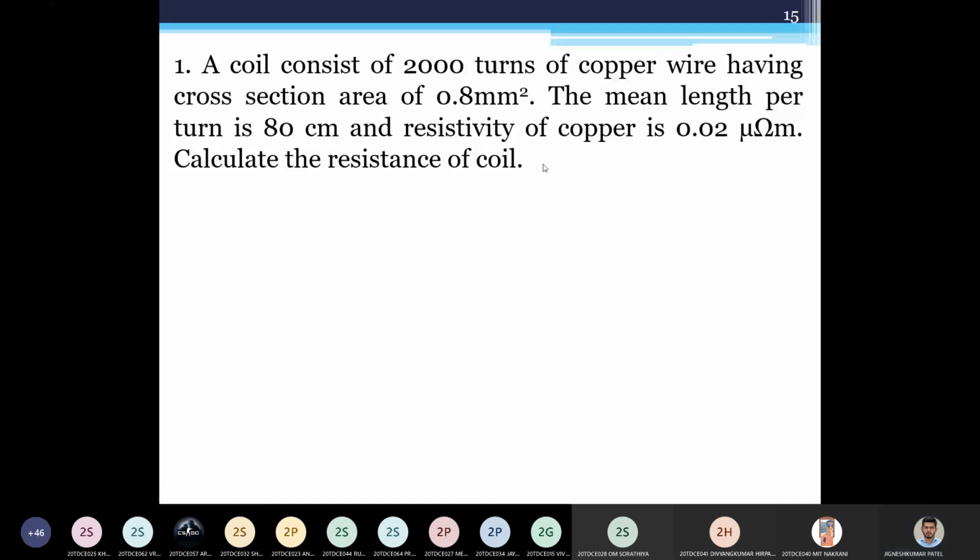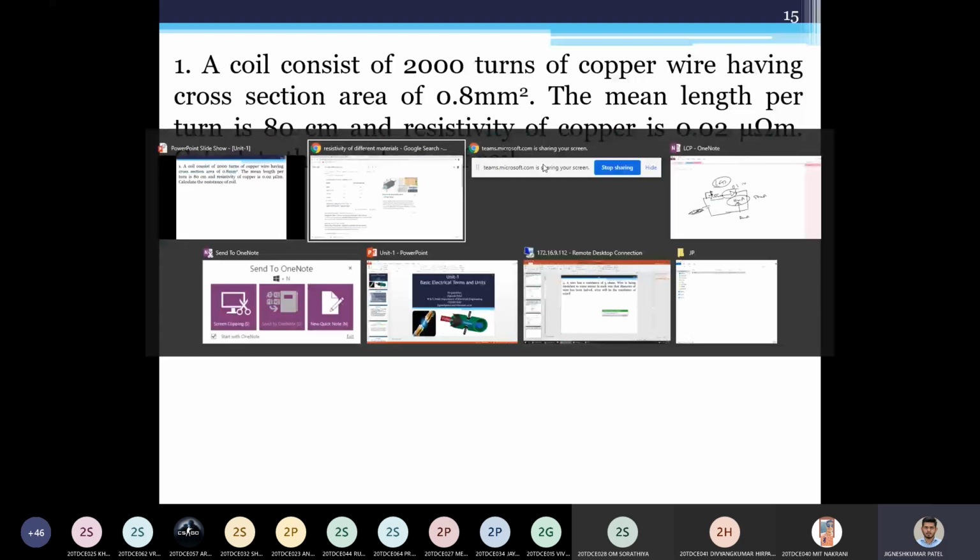Keep the screen on, read the question a number of times, then start. I'll provide roughly 5 minutes. You'll require more time. Just a moment, I'll switch the screen for a brief moment.